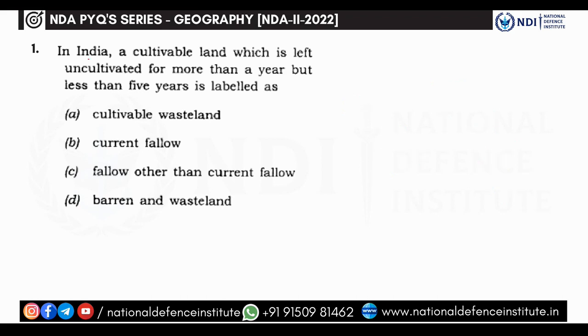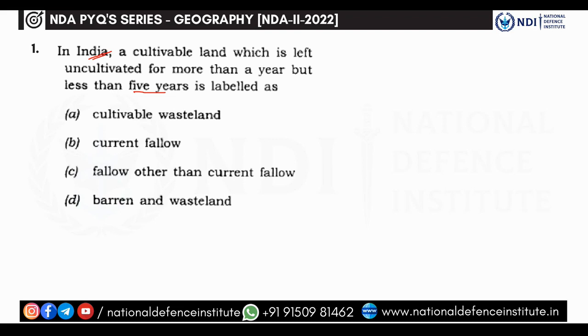So this is a question associated with Indian geography. In India, a cultivable land which is left uncultivated for more than a year but less than 5 years is labeled as cultivable wasteland, current fallow land, fallow other than the current fallow, and barren and wasteland. See, this is with respect to agricultural lands.